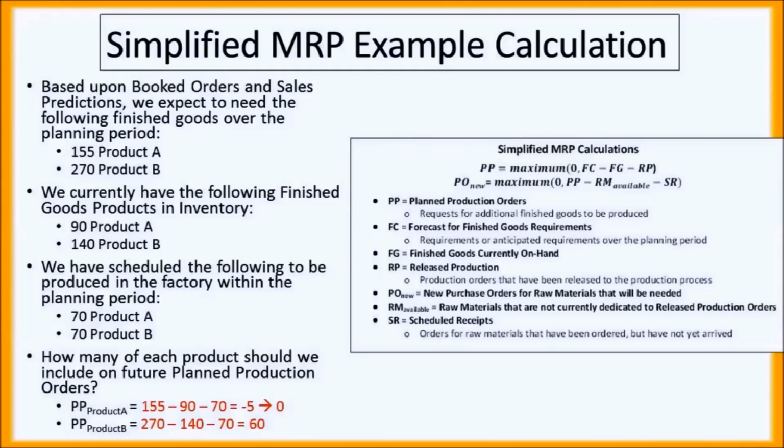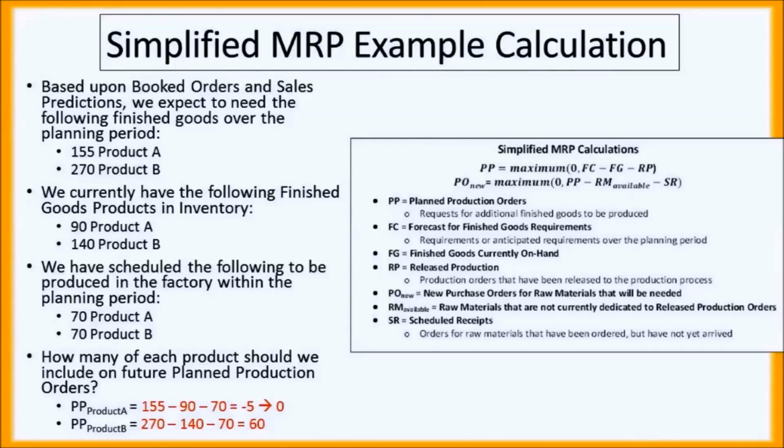For product A, that's 155 that we're forecasting, minus our current finished goods inventory, which in our case is 90, minus the planned production orders that we already have in place, which for product A is 70. So 155 minus 90 minus 70 is minus 5, which means we do not need any additional planned production orders. We're already going to have more than we need.